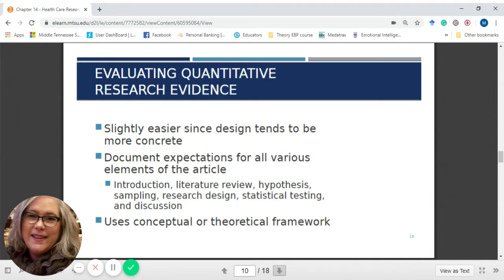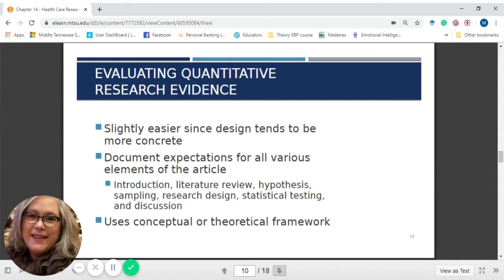Quantitative studies use a conceptual and/or theoretical framework. Most often you'll see the conceptual frameworks talked about in their reports and the articles. The theoretical framework is mostly assumed and understood. For our quantitative studies, positivism and post-positivism are the two guiding theoretical frameworks that most quantitative researchers operate under, but they're not discussed in the report because there's no room for that.